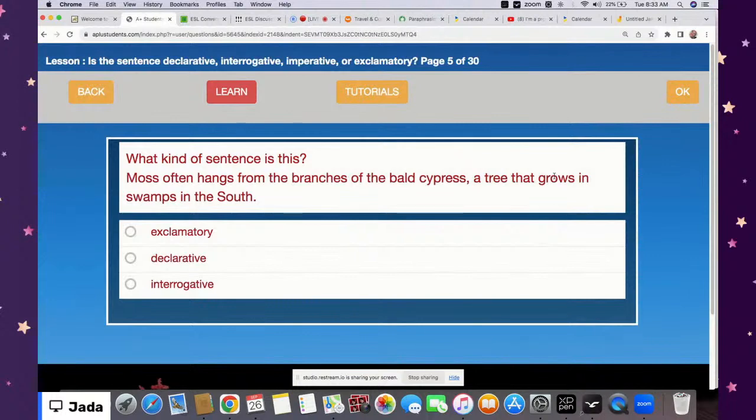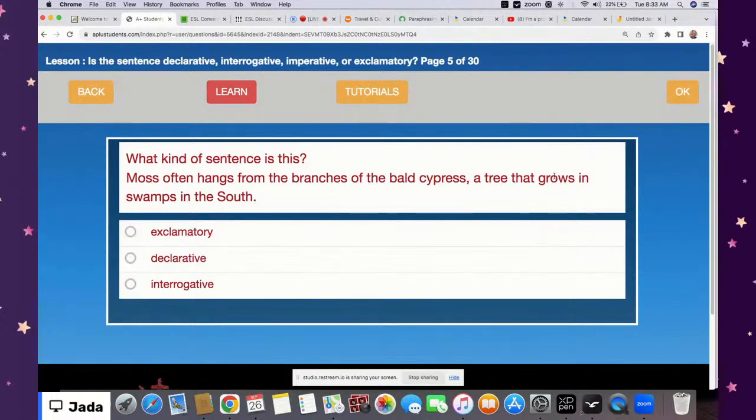So what do you think? So you read carefully and then you tell me which one you think is the right option. So what do you think?